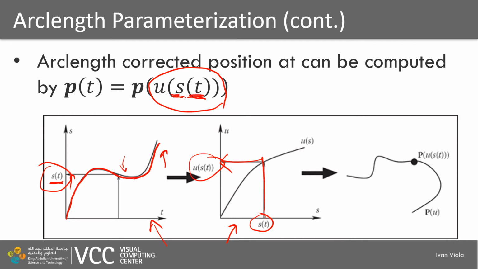We obtain a point on the arc length which we want to achieve. For that, we need to compute the given U, and that will be the parameter which will then put us into the position along the curve. So this is the way an arc length parametrization can be achieved for computer animation. And we can see that the curve P(U) here is not directly parameterized by the parameter T, because that would result in uncontrolled behavior.